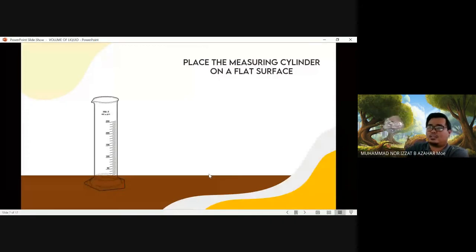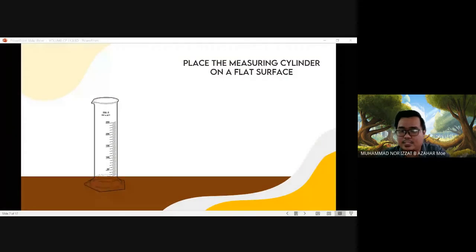You cannot see where is the water level. Paras air kita dapat tengok dengan tepat. So the first step is to make sure we place the measuring cylinder on a flat surface. Pastikan measuring cylinder itu berada di atas permukaan yang rata.